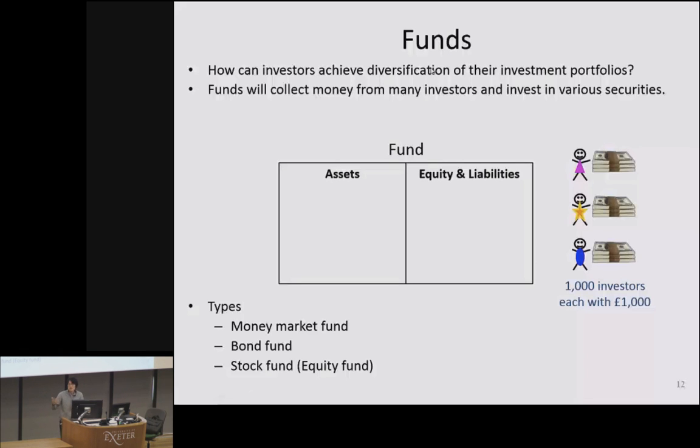We already saw this term index fund in the last slide, but what are funds? This is how funds work. Suppose you're an investor and you have £1,000 for investment purposes, but £1,000 is not really large enough to diversify your portfolio.